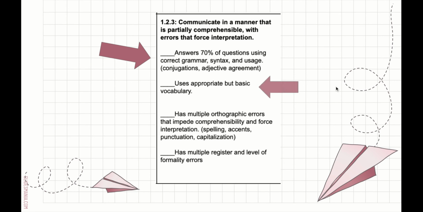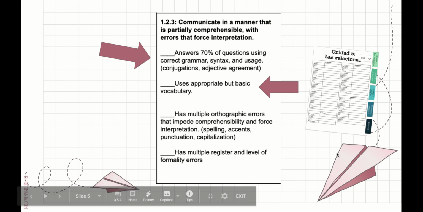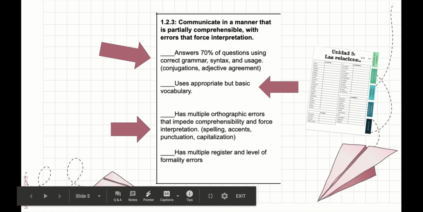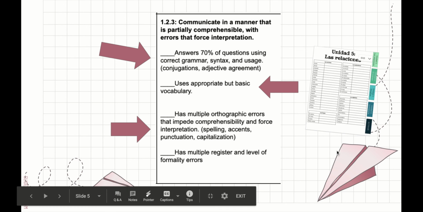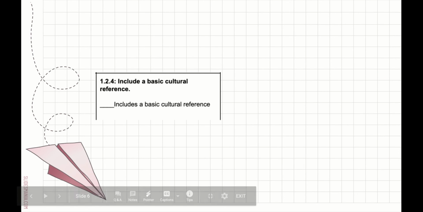Also use basic vocabulary; you can use your vocab cuaderno from the unit to help you out with that. Also, it can have some errors, including spelling, accents, punctuation, capitalization, but it should not get in the way of someone being able to understand your email response.